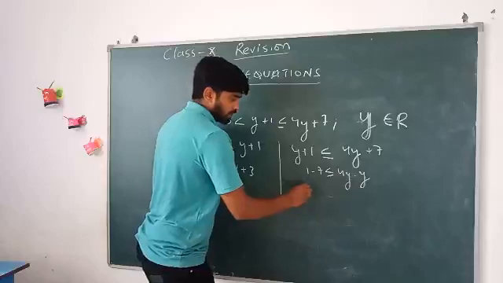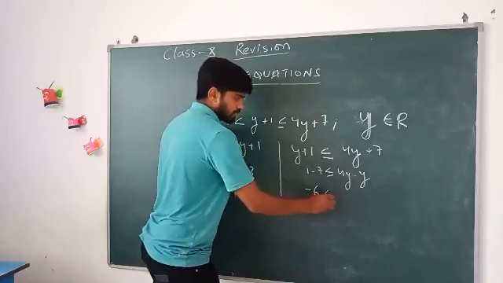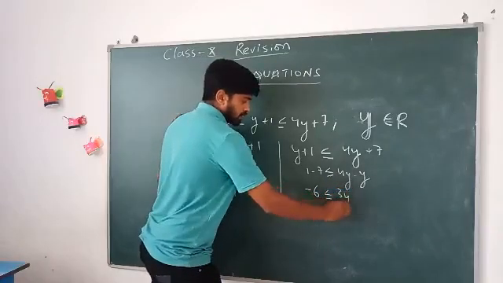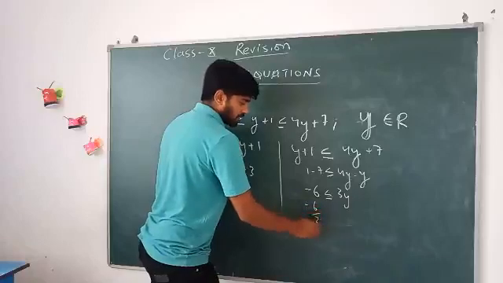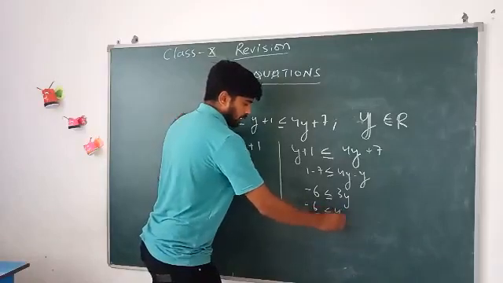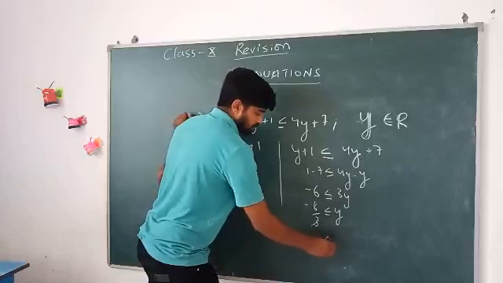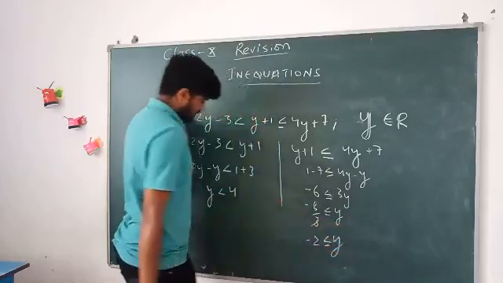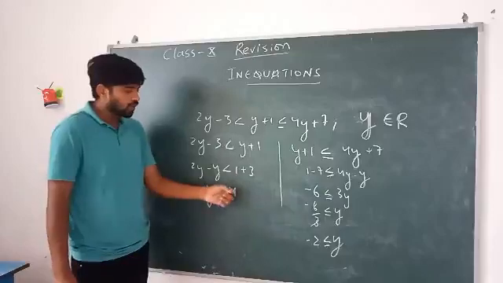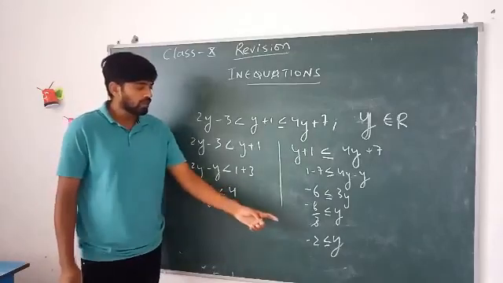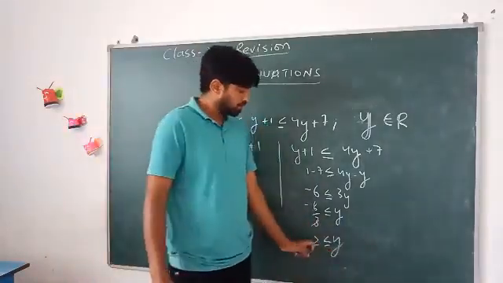Okay, that is going to be minus 6 and 3y, and minus 6 upon 3, y is minus 2. So what does it say? y is smaller than 4 and here y is greater than minus 2.